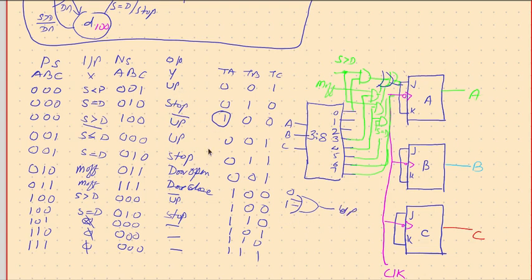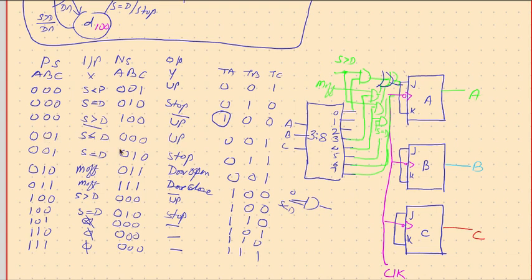And then, are we right? Surely not, because for state 0 there are three cases. For all we don't have up. So state 0 and S less than D should be up.